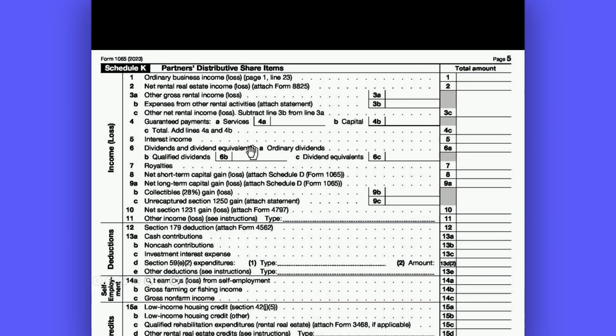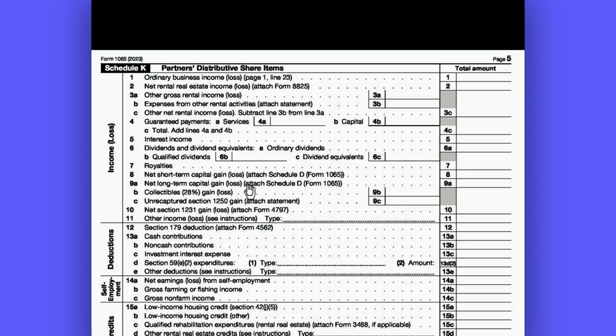So the idea here is all of these things are going to be reported out to the partners on their individual K1s, but this is the total amount. And then if you've got two partners, and they're 50-50, then each partner is going to get half the amount that's listed here on Schedule K. If you have a bunch of partners, and let's say you have one partner who's a 2% partner, then they're going to get 2% of the amounts that are listed here on Schedule K.